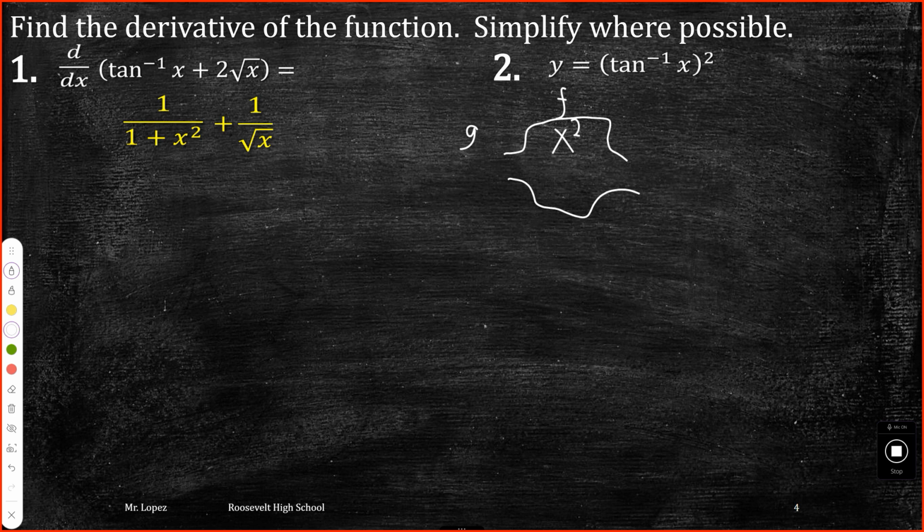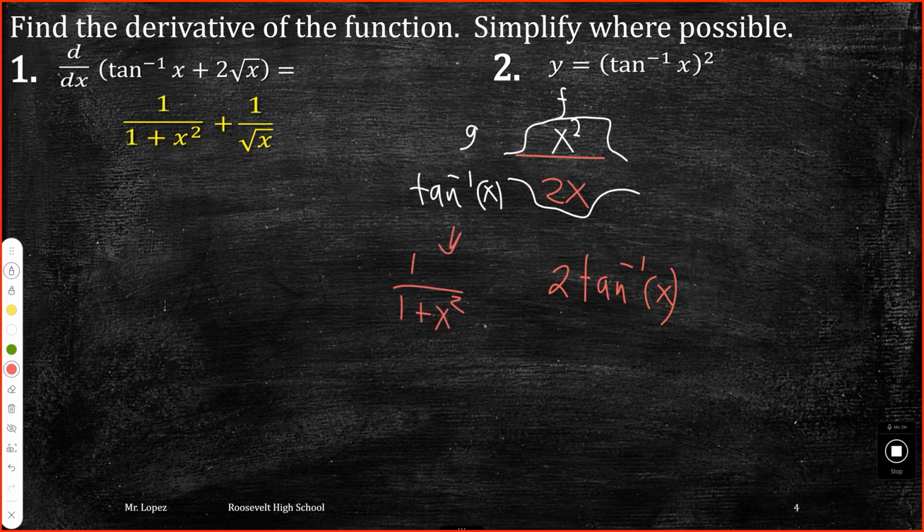And G has to be then tangent inverse of x. So the derivative of x squared is 2x, evaluated at this, so it'll be 2 tangent inverse of x. And the derivative of this is 1 over 1 plus x squared. And you put it right here in the back. 1 over 1 plus x squared. Yeah, that should be good.